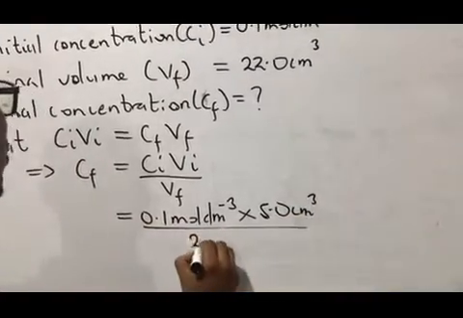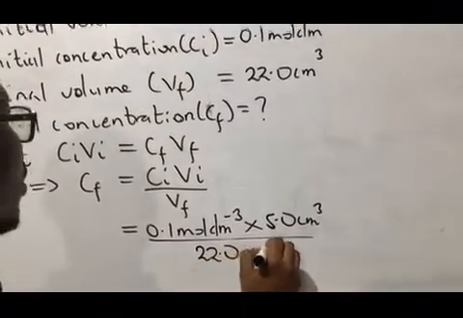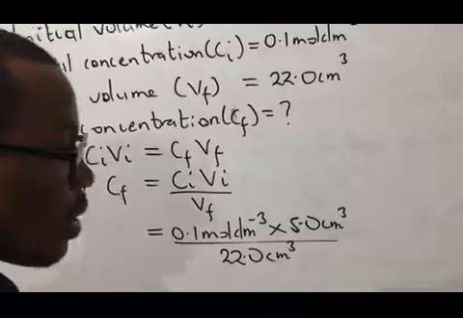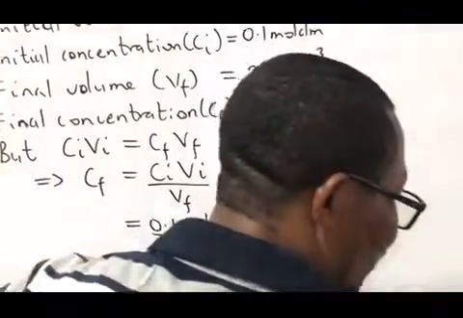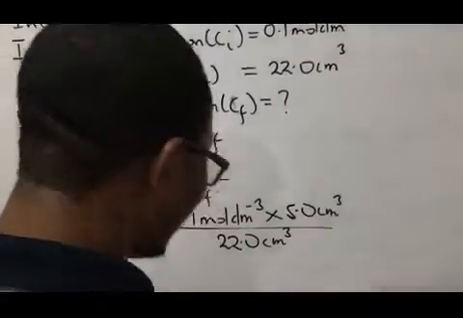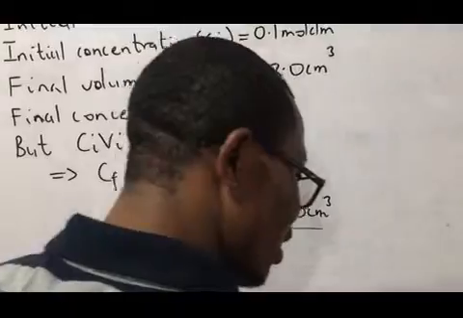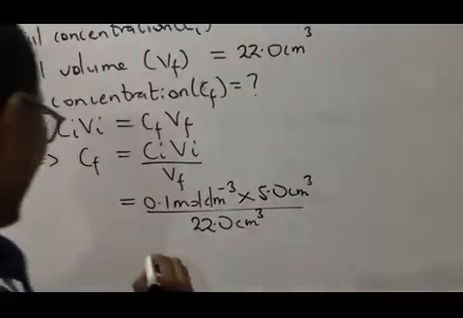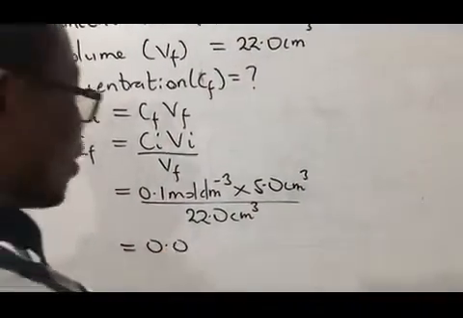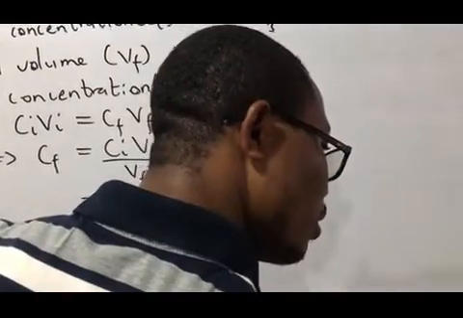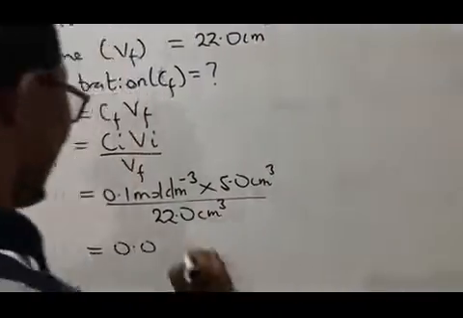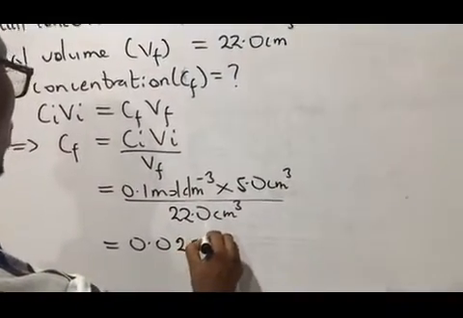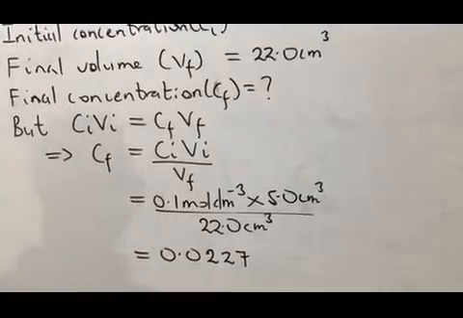And then the VF is 22.0 centimeter cube. And when you punch that, that's giving you 0.0227.